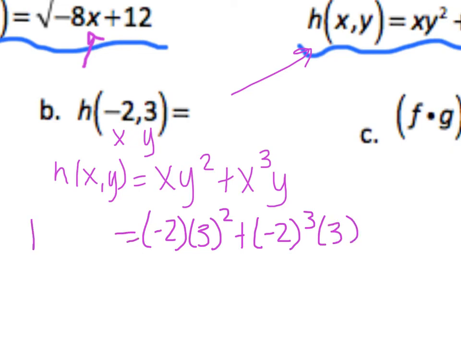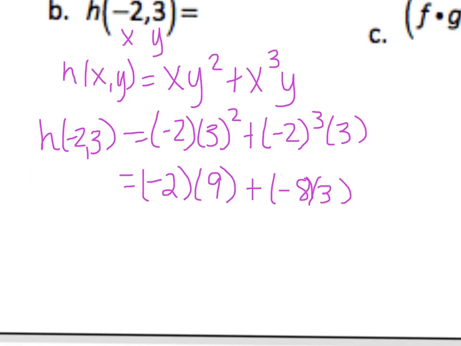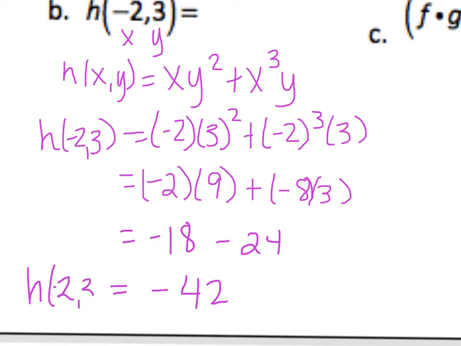And you are going to solve. Okay, so exponents first. We're going to get negative 18 minus 24, and this is going to equal negative 42. So h at negative 2, 3 equals negative 42.